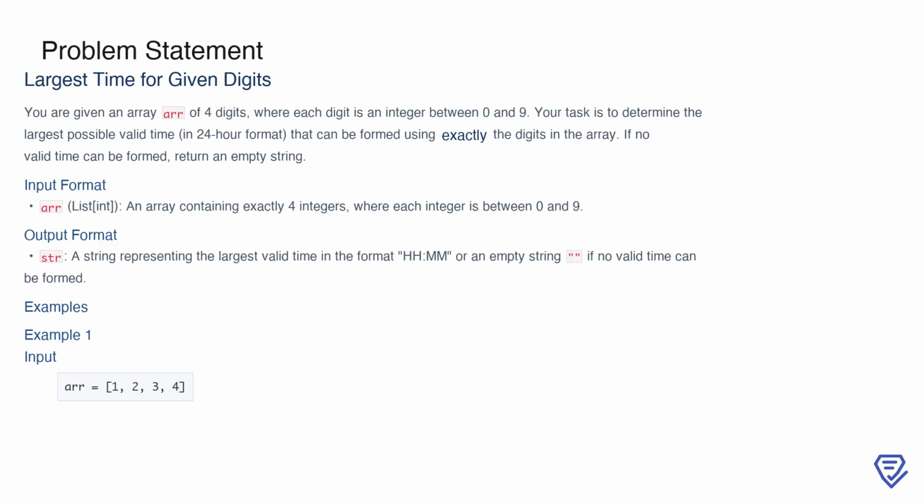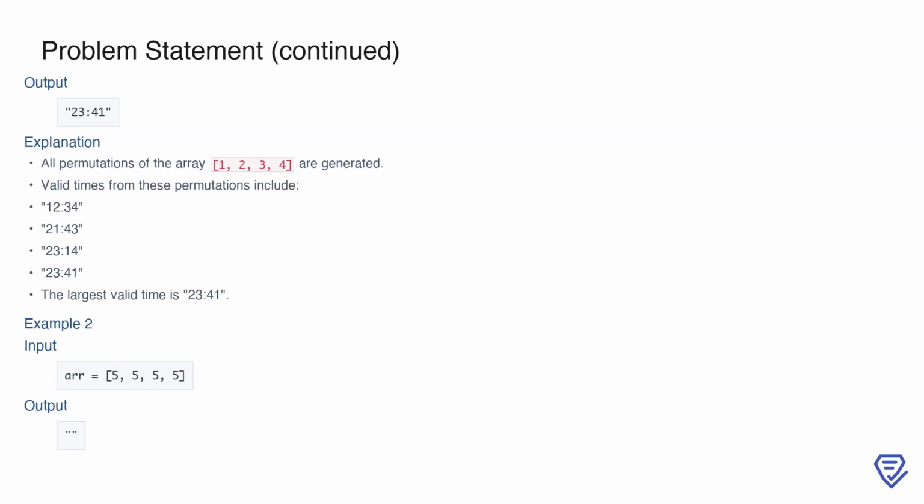For example, if the input array is 1, 2, 3, 4, we aim to determine the largest valid time that can be constructed with these digits. The output for the input 1, 2, 3, 4 is 2341. Here's how we arrive at this result. First, we generate all possible permutations of the digits in the array.